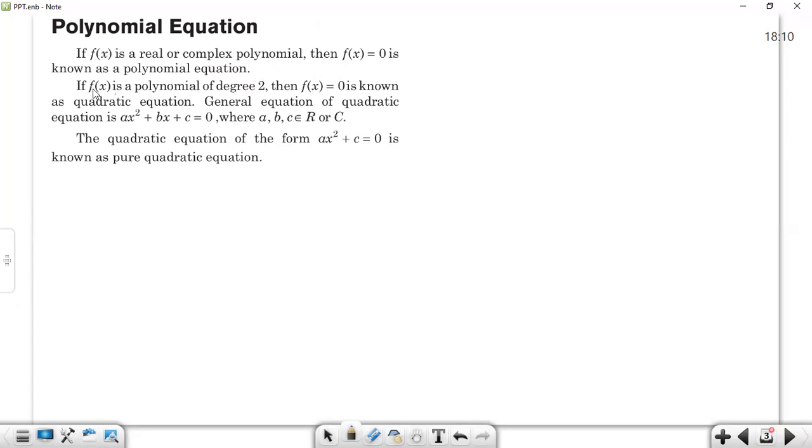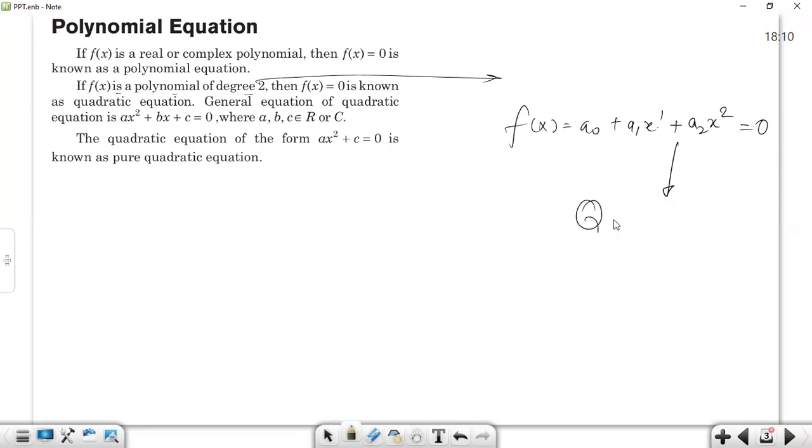If the given f of x is of degree 2, that is, f of x is written as a0 plus a1 x plus a2 x raised to power 2, and this is equal to 0, it becomes an equation known as a quadratic equation.